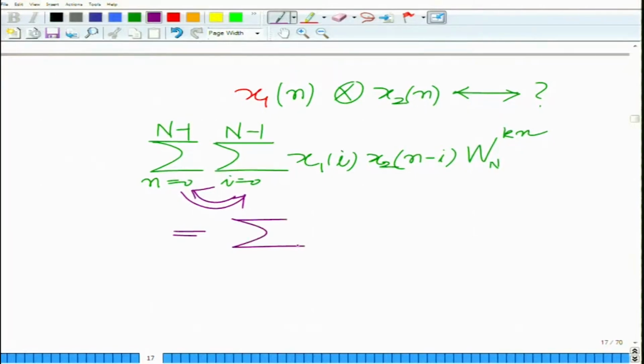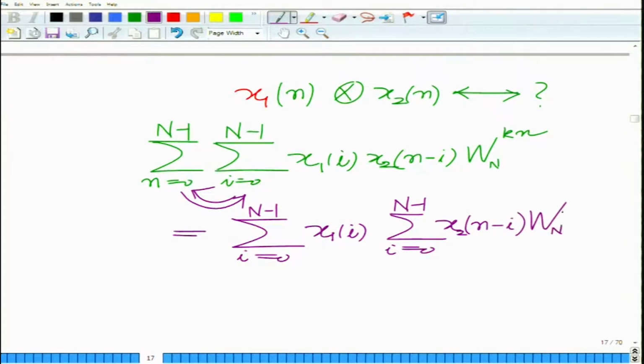So that gives us summation i equal to 0 to N minus 1, summation n equal to 0 to capital N minus 1. Now the term with respect to i comes outside, so that is x1(i) times summation of x2((n minus i)) W_N^{kn}.